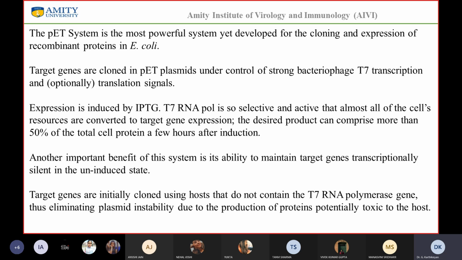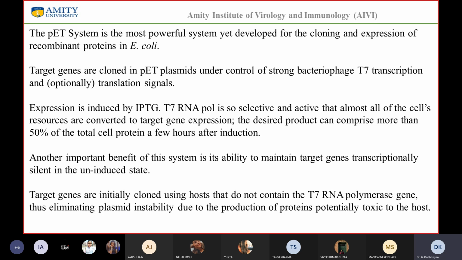Target genes are initially cloned in a host that does not contain the T7 RNA polymerase gene, and so that essentially eliminates plasmid instability. Many times when we try to clone these things, T7 RNA polymerase makes your plasmids become unstable in those hosts.